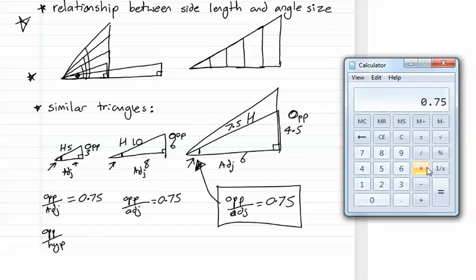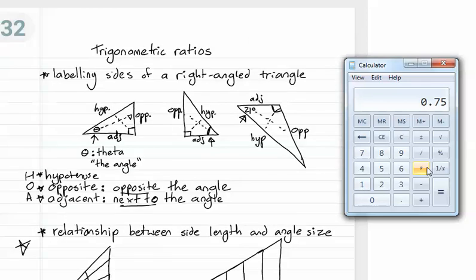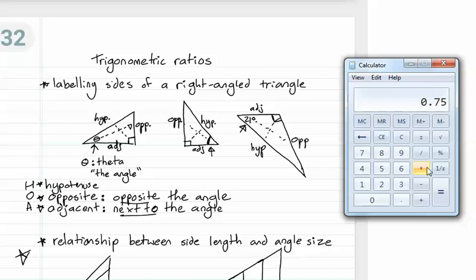The whole key to this video is firstly learning opposite, adjacent, and hypotenuse. And secondly, learning that we're looking at ratios of sides in right-angled triangles. We'll learn how to find sides and angles next video.